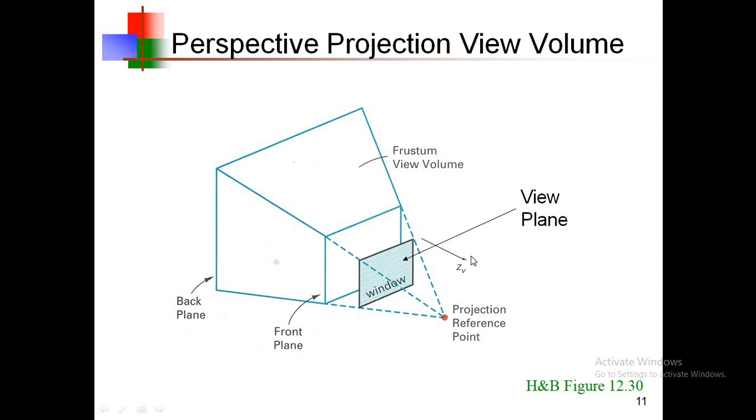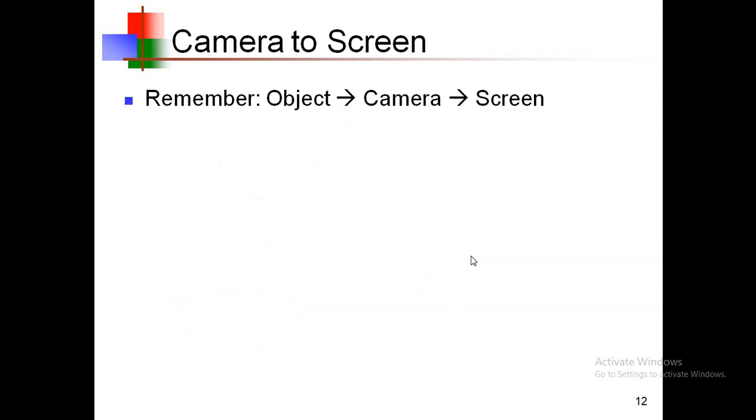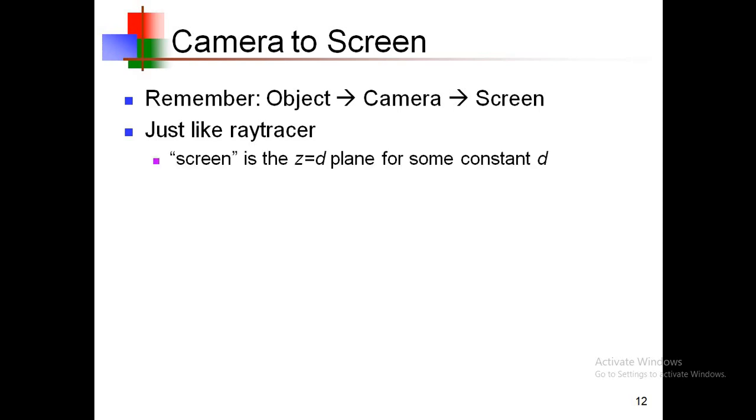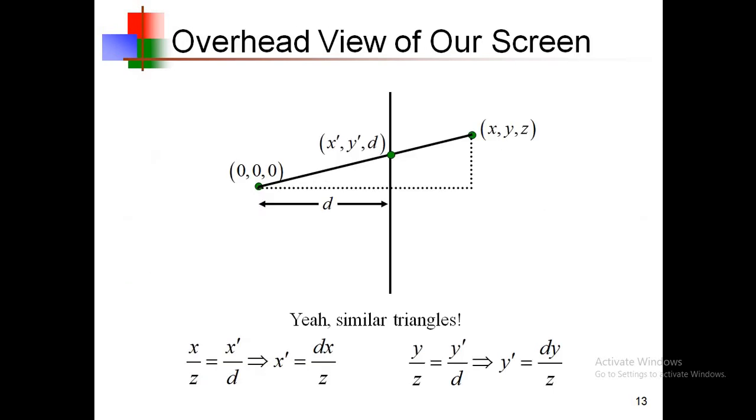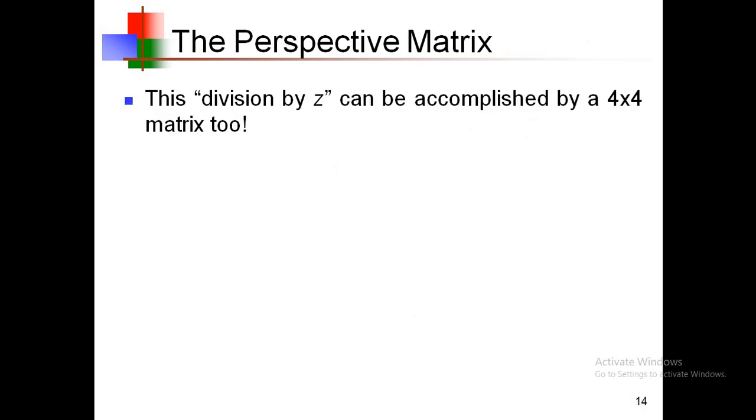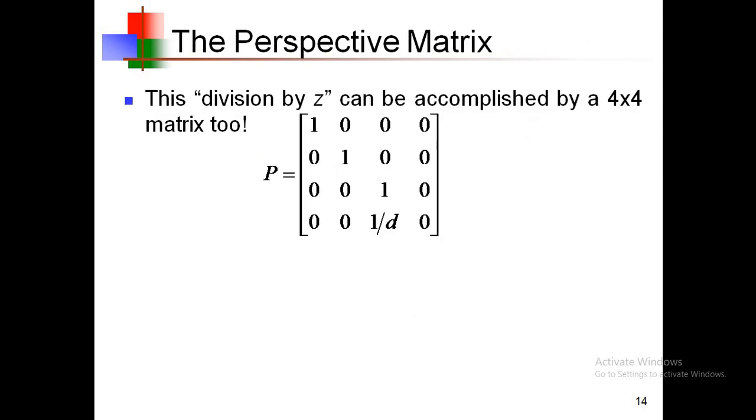From camera to screen, the object is captured through the camera, a 3D to 2D conversion, and then represented on the screen, just like a ray tracer. We would skip these mathematical parts which we have already derived.